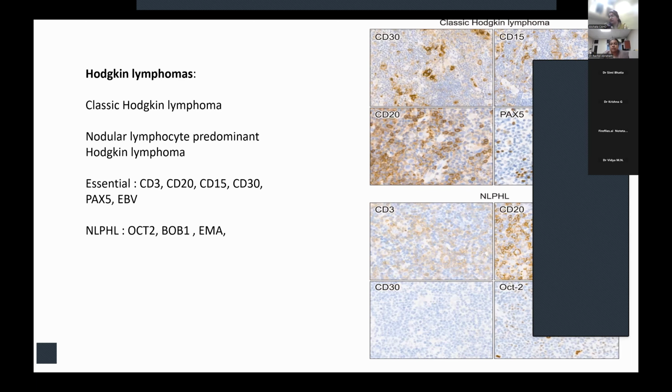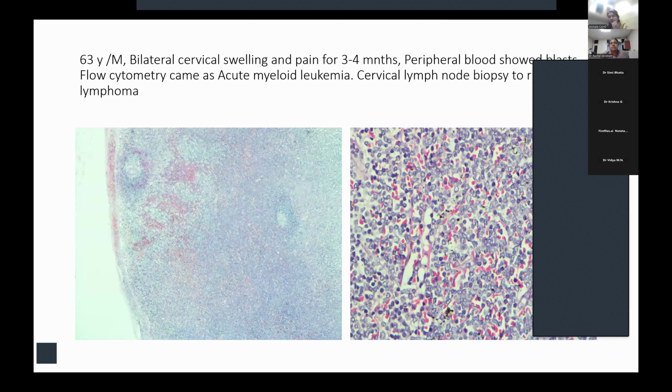Just to share a case with you, this was a 63-year-old male presenting with bilateral cervical swelling and pain of 3 to 4 months. Peripheral blood showed the presence of blasts, and the flow cytometry came as acute myeloid leukemia. However, since the patient had very significant bilateral cervical lymph nodes, a lymph node biopsy was done to rule out a lymphoma.